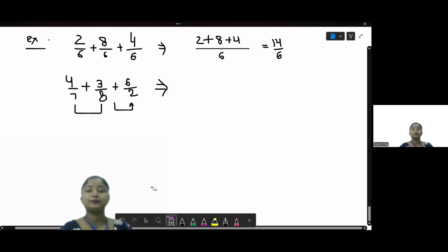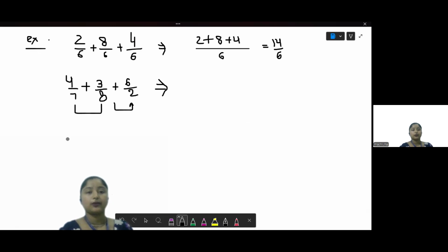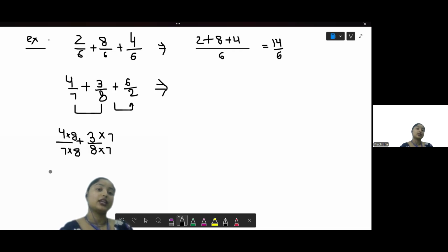Now let's start doing it. Let's go with 4 and 7 first. So I'm writing 4 over 7 plus 3 over 8. What do you need to do? 7 times 8 and 8 times 7. Over here, it's going to be 4 times 8 and this is 3 times 7. Now let's write the answer.